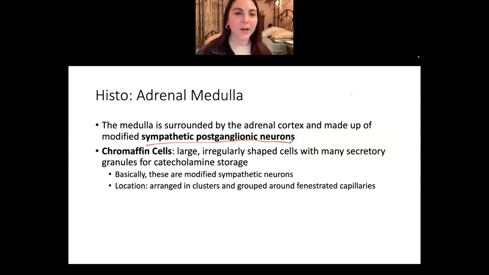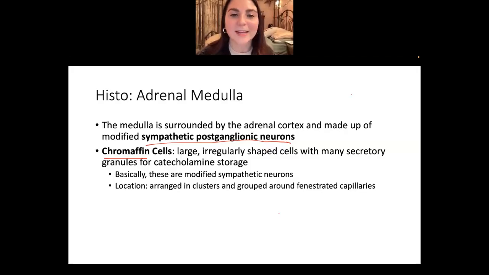Okay, so they're all in there. Those modified sympathetic postganglionic neurons are called chromaffin cells. So these are sympathetic postganglionic neurons, and they just gave them a name because now they're in the adrenal medulla, and they just live there. They're large, irregularly shaped cells, and they have many secretory granules for catecholamine storage. So they store your norepinephrine and your epinephrine.